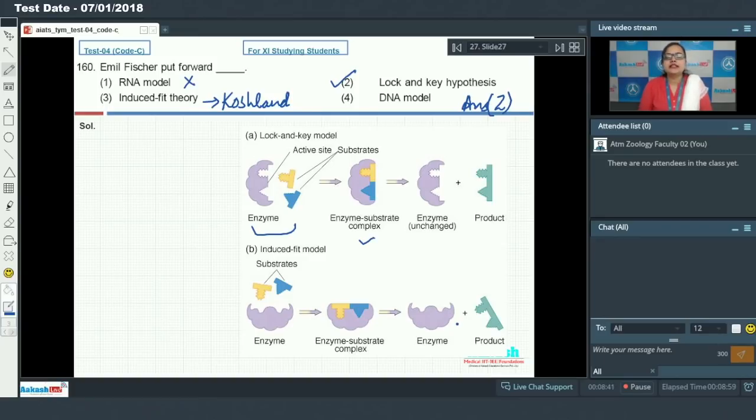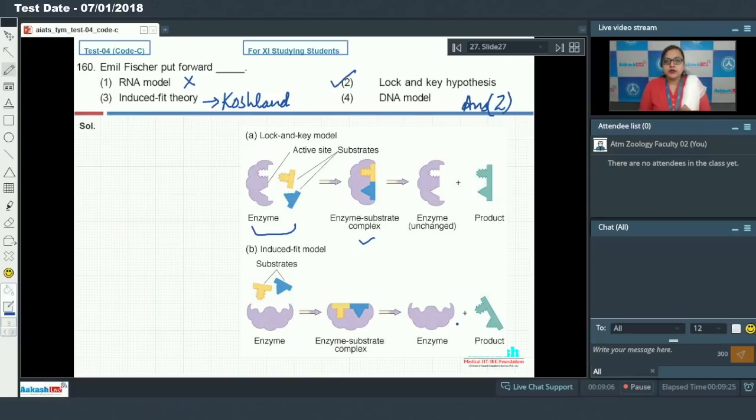Induced fit model is more accepted as compared to lock and key model because there are various enzymes which can bind with more than one substrate, and those substrates differ in structure. अगर structure differ होगा तो lock and key model तो apply ही नहीं हो सकता, because according to lock and key model the active site of enzyme has the complementary shape like that of the substrate, फिर तो कोई दूसरा substrate उससे bind ही नहीं कर सकता.